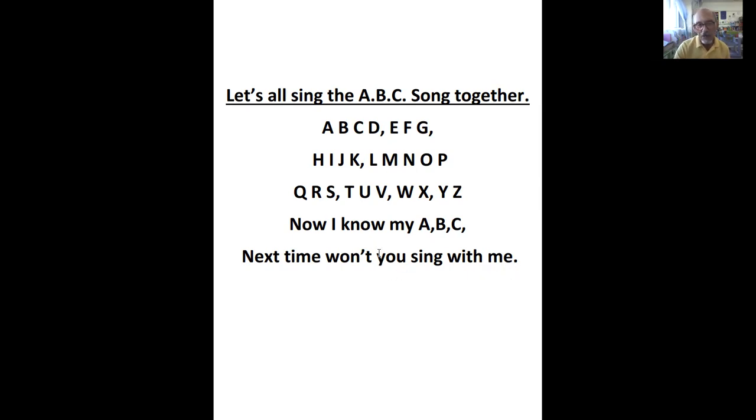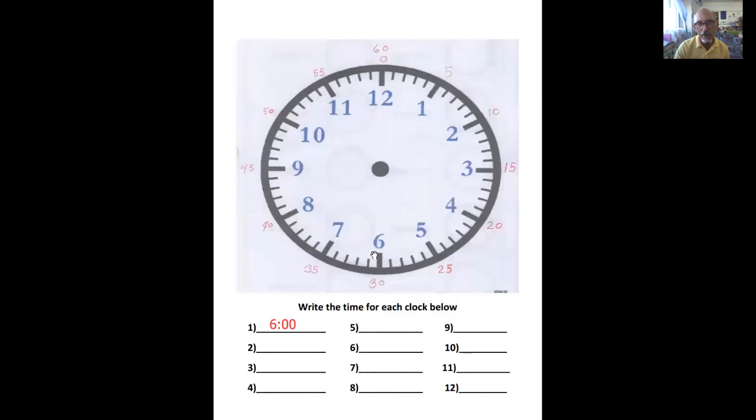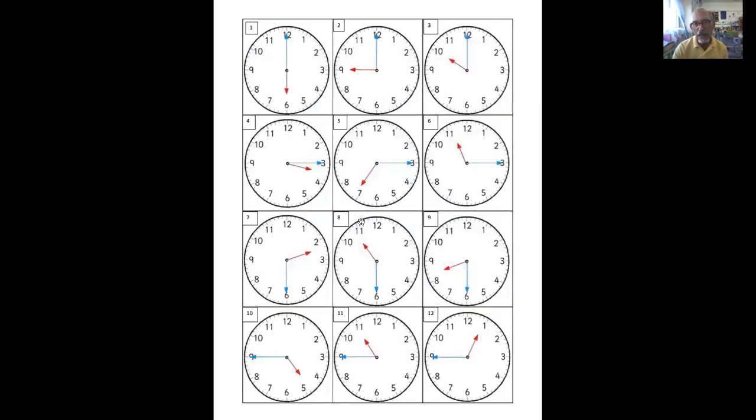Okay, let's move on to look at the clock. Now, we've done this a couple times already, but remember, there's 3 hands on a clock. One hand is for seconds, one hand is for minutes, and one hand is for hours. Now, our clocks down here today don't have a second hand.